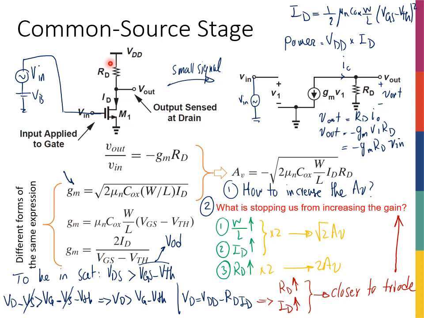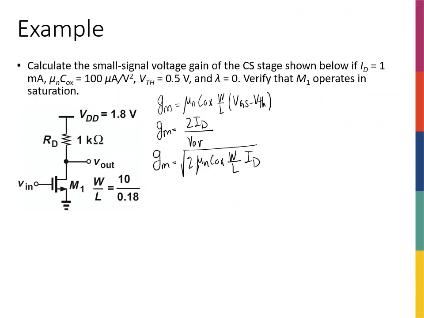I'm hoping that you can see the resemblance between the two. RD is setting my gain, so I want it to be large, but at the same time, if it's too large, it might take my transistor out of the operation region that I like it to be, which is saturation. Okay, so let's solve an example.